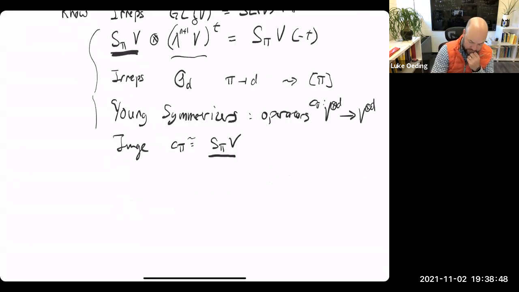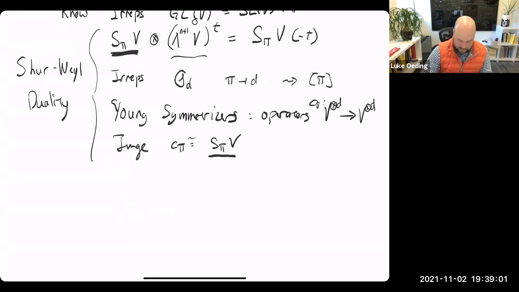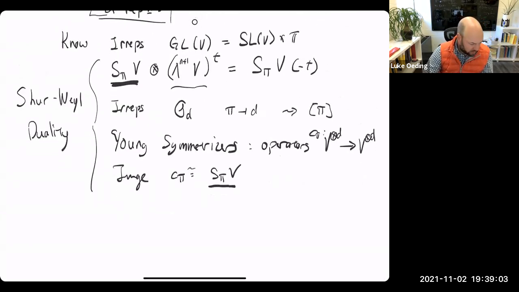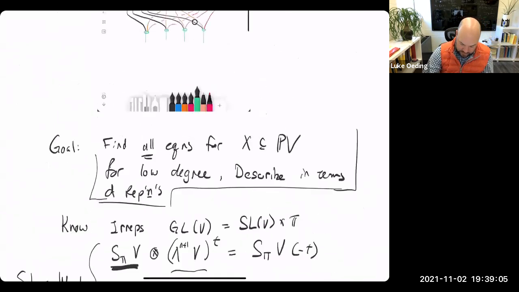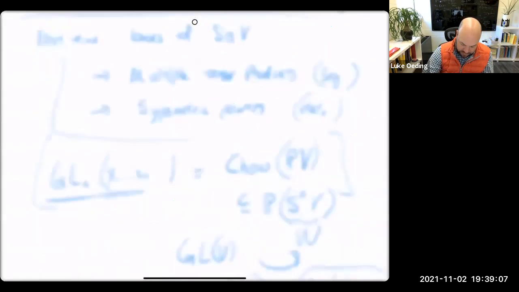And this description came from Schur-Weil duality. Okay, so I want to go back for a second. We talked about the Chow varieties.